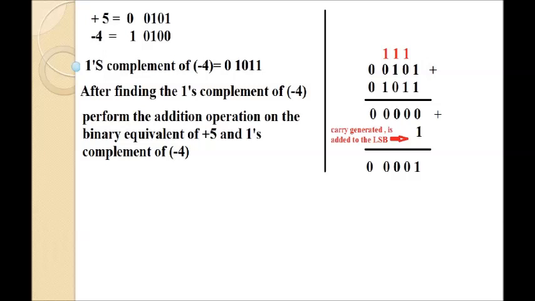Again 1 plus 1 is 0, again carry 1. So 1 plus 1 is 0. Then the extra carry that is generated, we add to the least significant bit. So it becomes 0 0 0 0 1, which is equal to plus 1. That is the desired result.